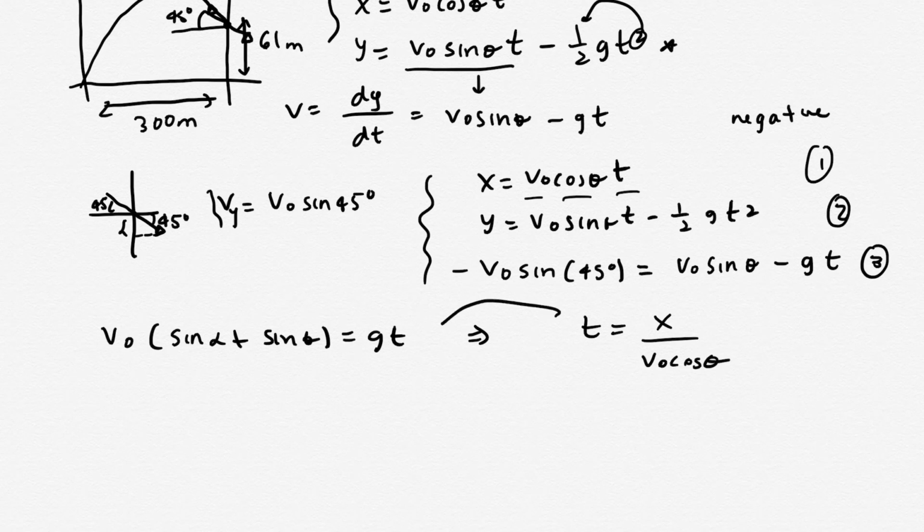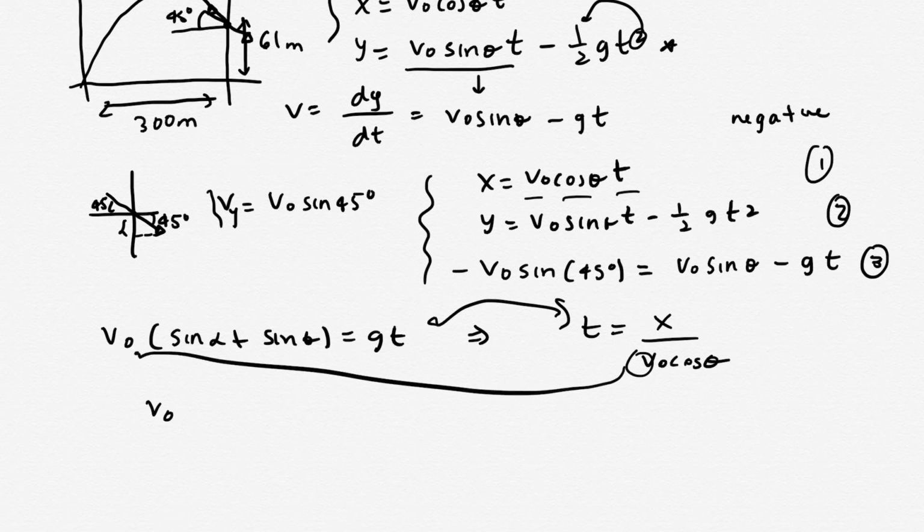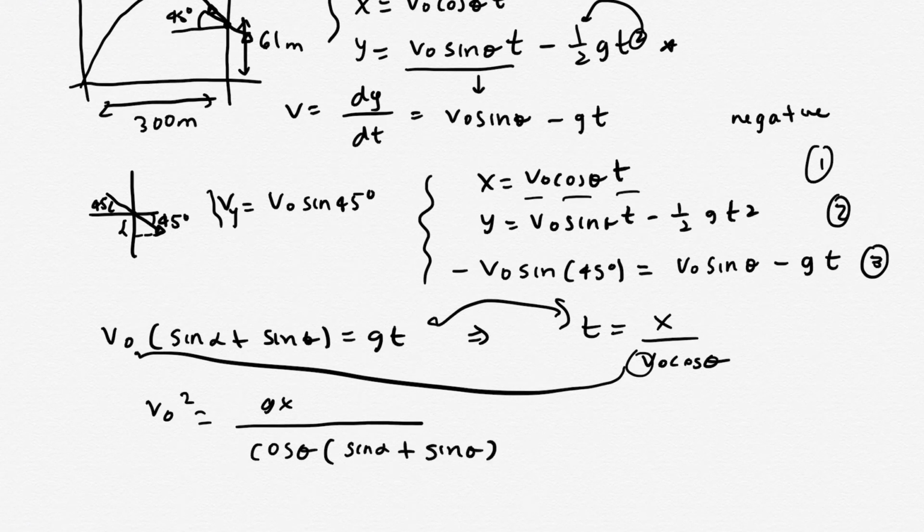And now we can combine these two equations and find how the velocity behaves, and then substitute in another equation. So we get that this v is going to multiply this v later, so we're going to have v squared equals gx over cosine of theta times sine 45 degrees plus sine theta.